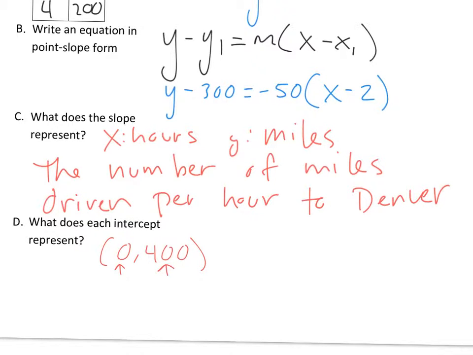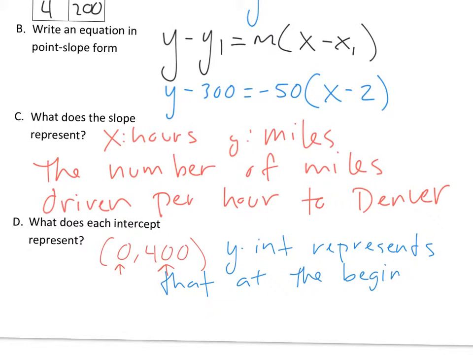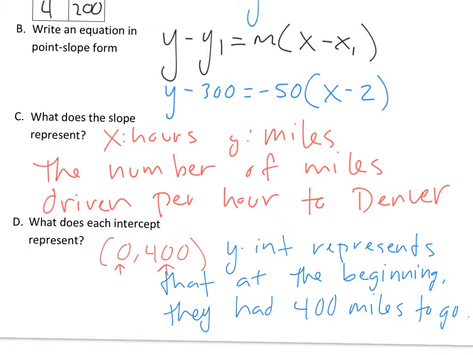So the y-intercept represents that at the beginning, which is 0 time, this is representing the 0, at the beginning, 0 time, they had 400 miles to go. So notice that at the beginning, this represents your 0, they had 400 miles to go. That represents the 400. You have to include both numbers of the points.